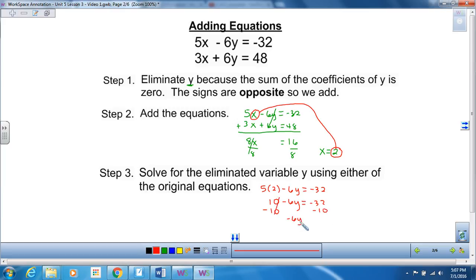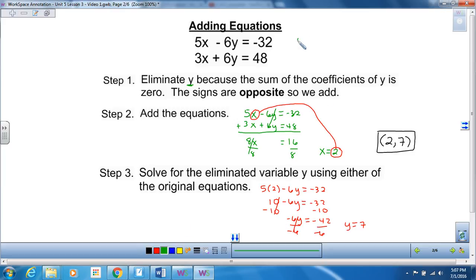Negative 6y equals negative 42. Divide by negative 6, and I get y equals 7. So my two answers, as an ordered pair, are 2, 7. So always x, y.